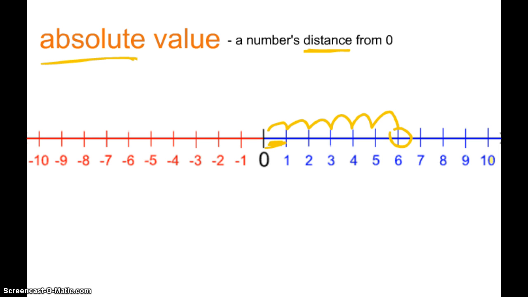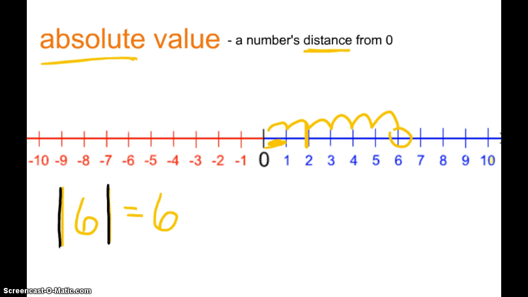Notice I'm counting the spaces, not counting these lines. So the absolute value of 6 is 6. We denote absolute value using these two lines right here. That means absolute value. So the absolute value of 6 is 6.